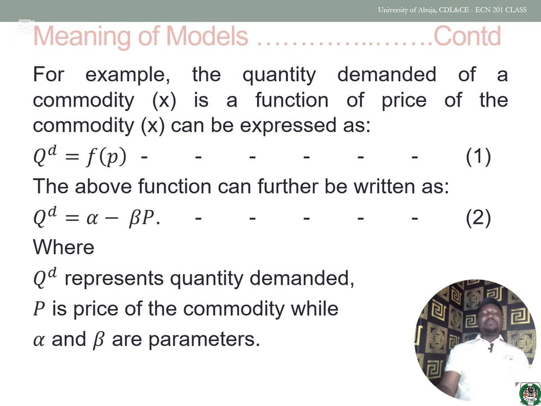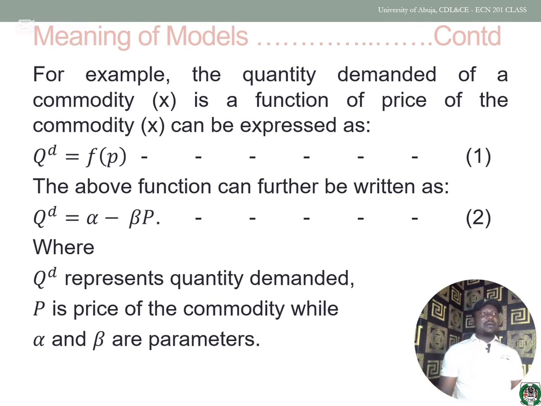While the beta part, which is the coefficient of price, shows the rate of change between price and quantity demanded. It is like the percentage change in quantity demanded measured in relation to price.